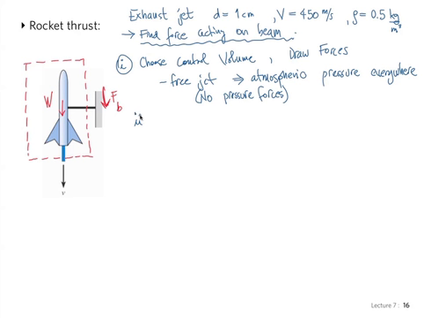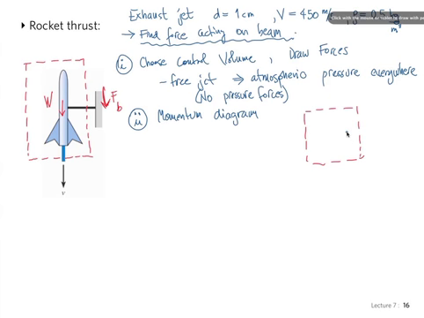Second step is to look at the momentum. We can actually do a momentum diagram similar to a force diagram. So let me draw again our control volume here. We have the rocket inside, and we have the rocket and the beam.